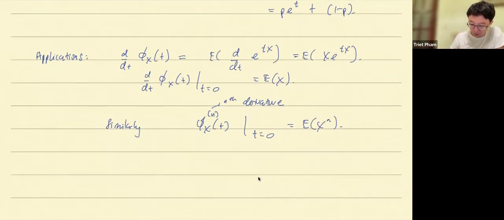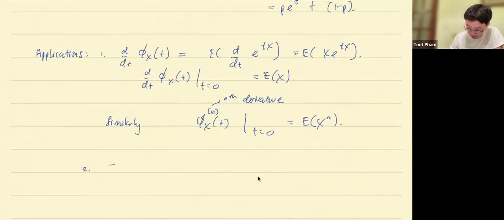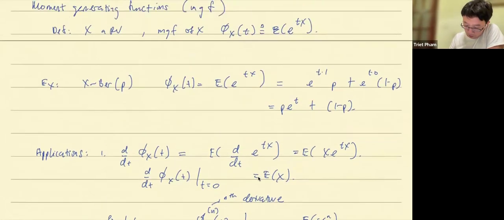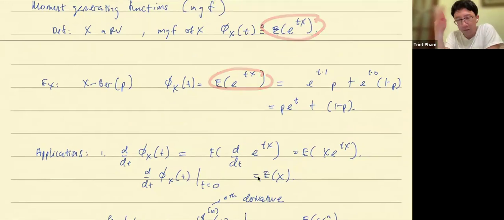It's a possibility. But the application we're talking about here is to identify the distribution of a random variable. The reason is that the moment-generating function is literally the Laplace transform of either the distribution function or the density function of a random variable.